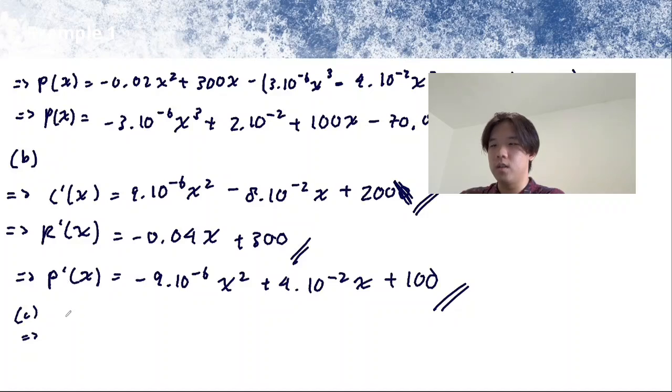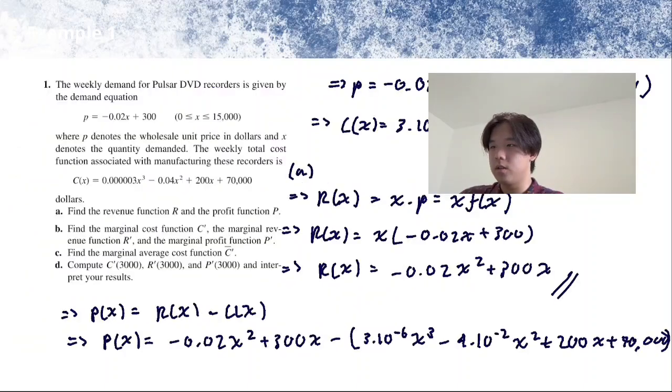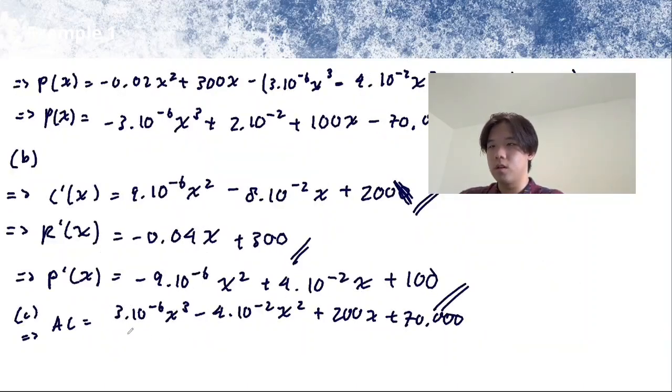Now the function of C. So let's go to section C. C(x) equals 3 times 10 to the negative 6 x cubed minus 4 times 10 to the negative 2 x squared plus 200x plus 70,000, from this cost function.